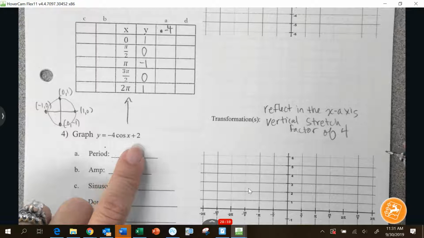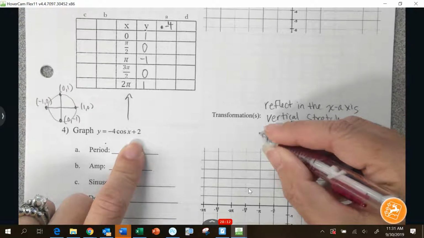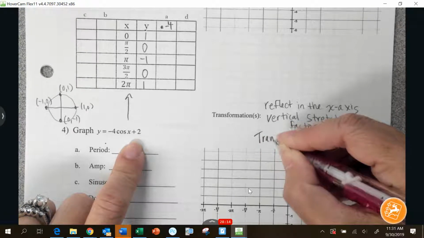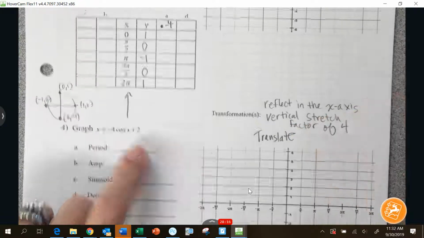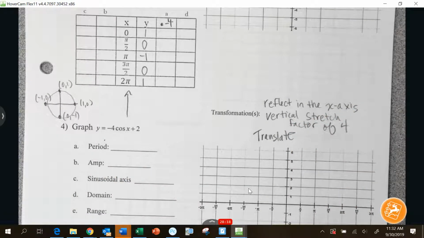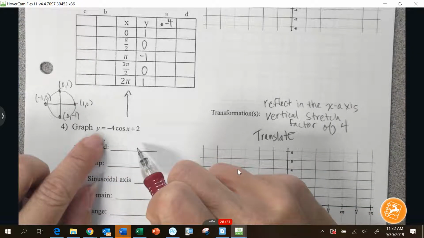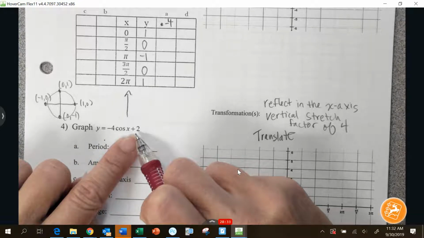And then what's my plus 2? That's a translation because it's adding. But is it up, down, left, right? Here's the tricky part. If there's no parentheses, the addition has to be vertical.